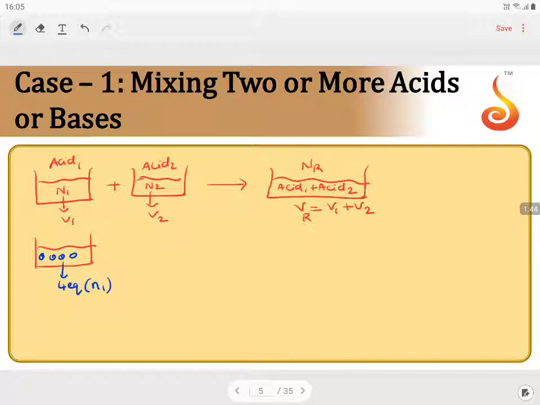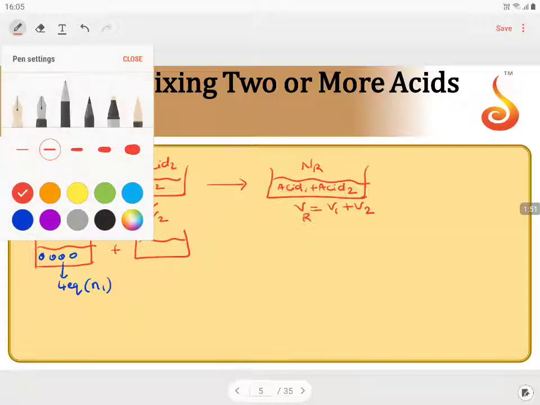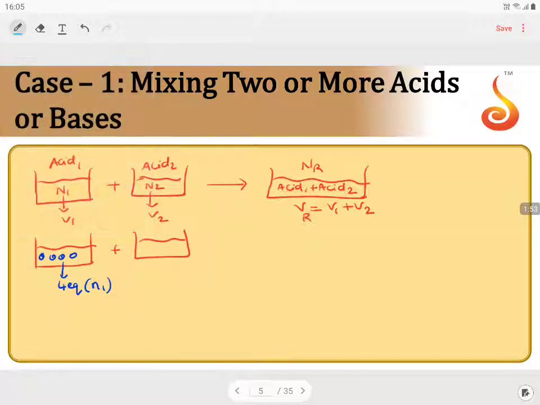And let us go with acid 2, which is having, let us assume in this case, 6 equivalents. Let us take this as N2.